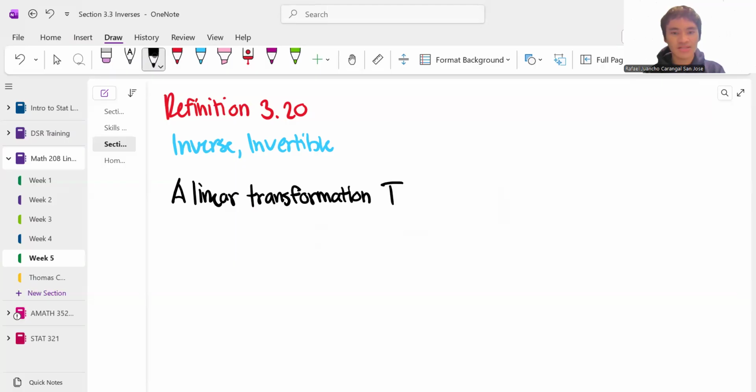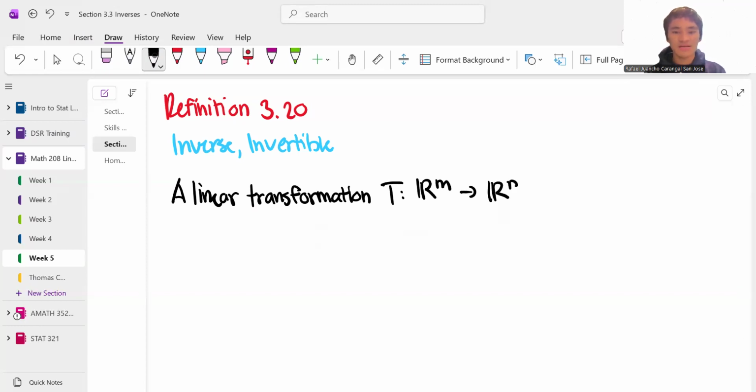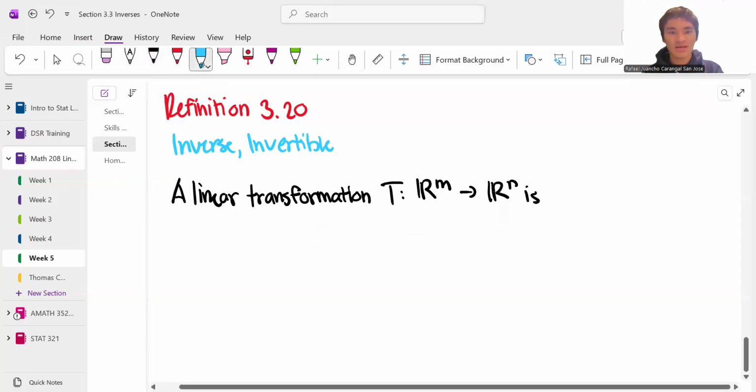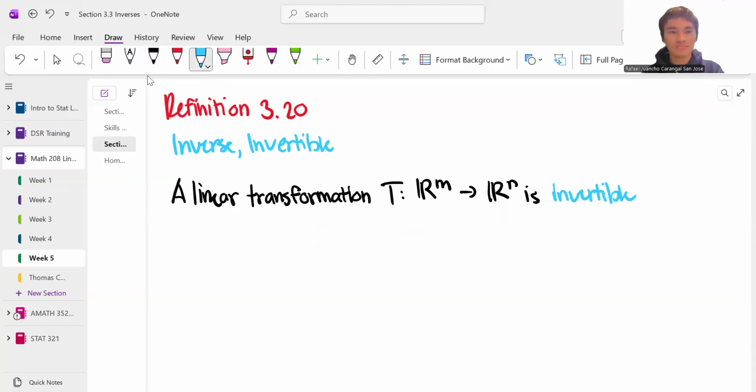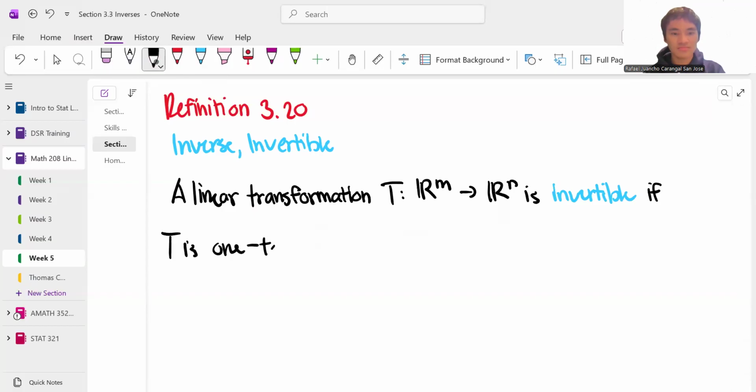We're going to denote it as T. We always denote it as T. We get a vector from Rm, and it goes to Rn. And we say that this linear transformation is invertible if, okay, here's the catch, T is 1-to-1 and onto.